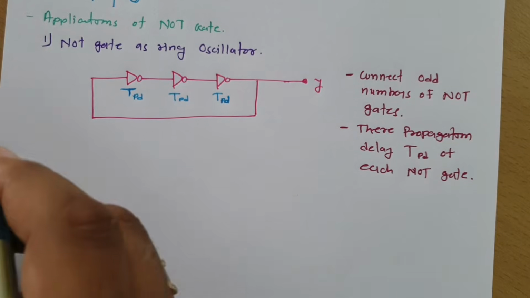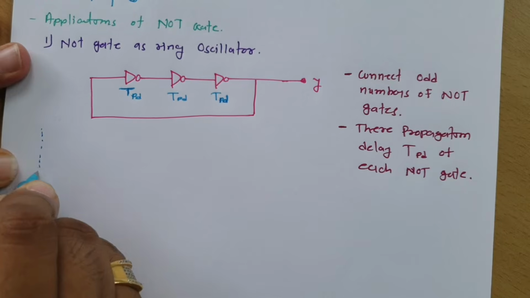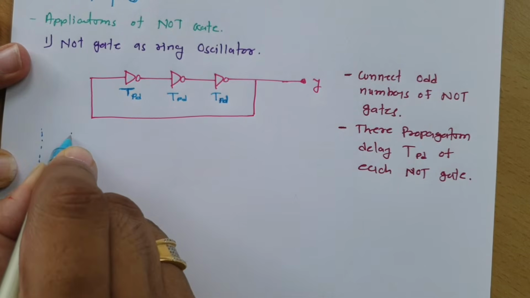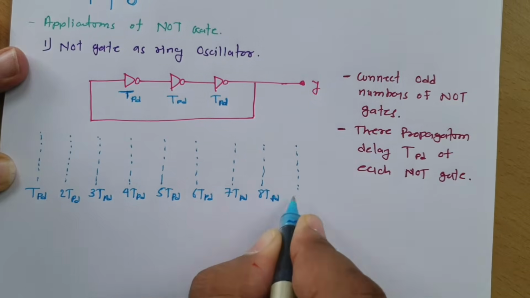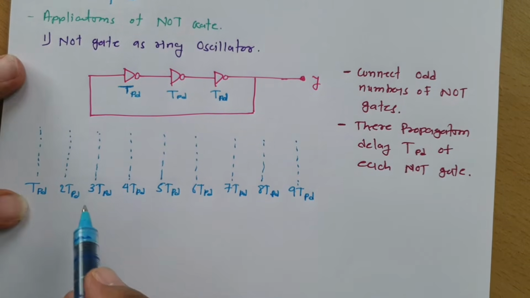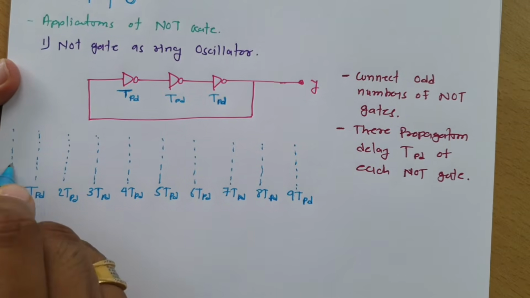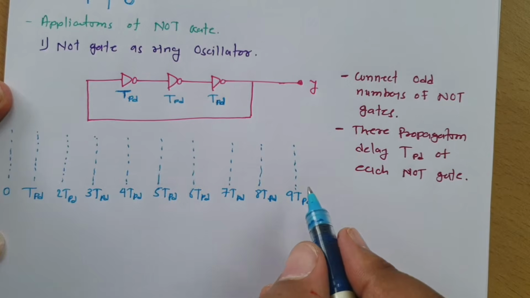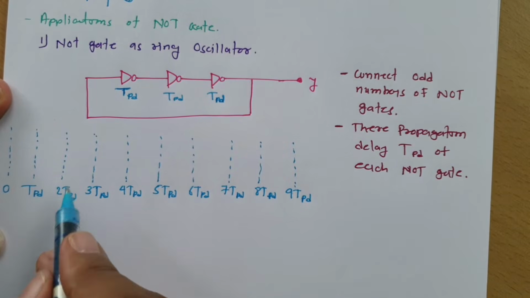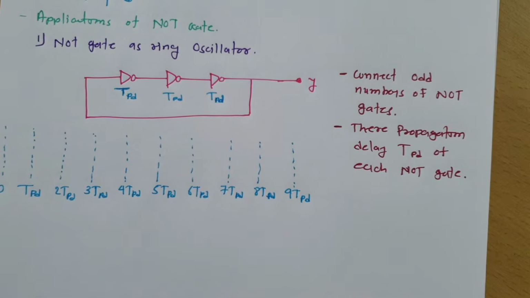I'm making this timing diagram with respect to time. Time starts from 0 and keeps on increasing: TPD, 2 TPD, 3 TPD, like that.